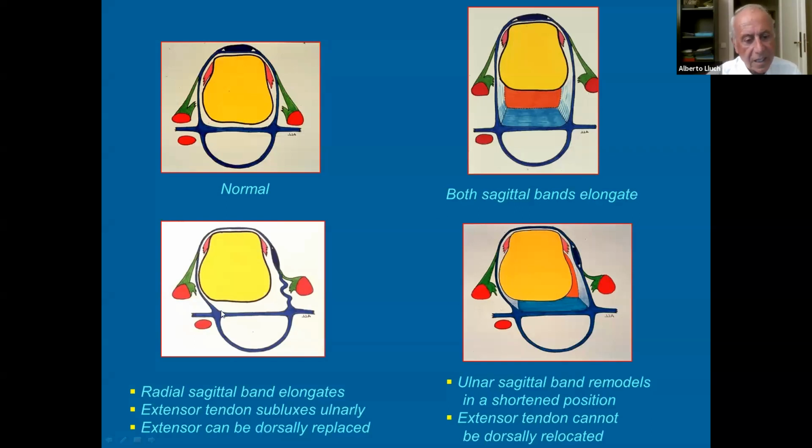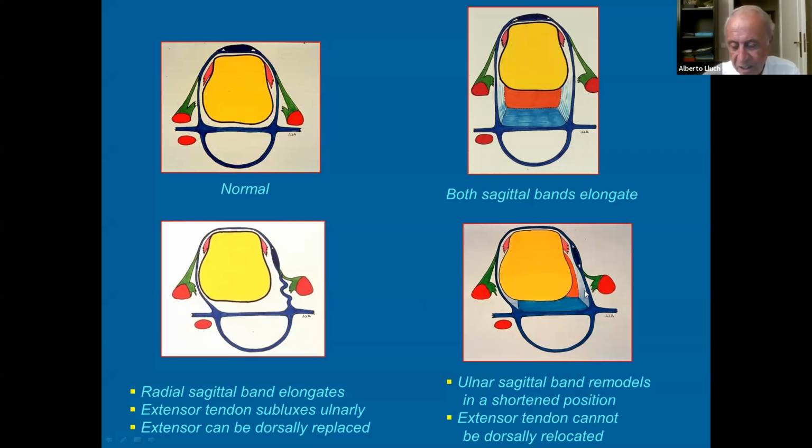And then with the passing of time, since the forces are greater pulling the tendons towards the ulnar side, this is the radial, this is the lumbrical, the extensor tendon dislocates towards the radial side of the metacarpal head. At first, the ulnar sagittal band is lax, like here. It's redundant. But with the passing of time, the sagittal band will remodel in a shorter position.